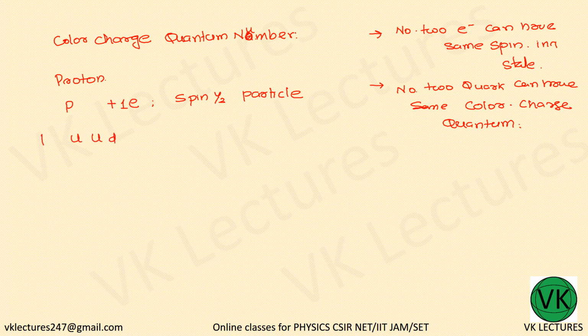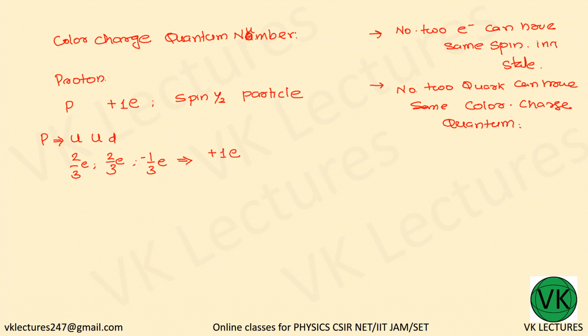Up is 2 by 3 times e, again up is 2 by 3 times e, and down is -1 by 3 times e. So the net charge on this proton is the sum of these charges, which will be equal to +1 times e.